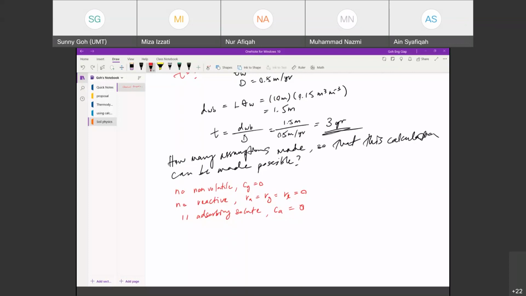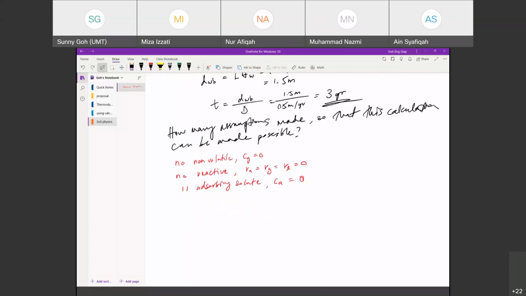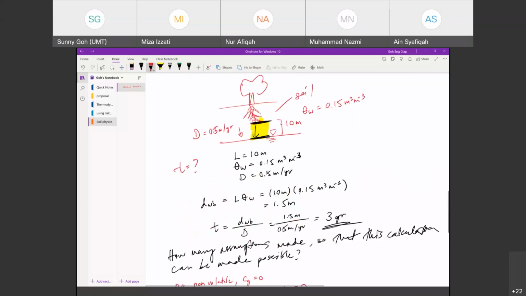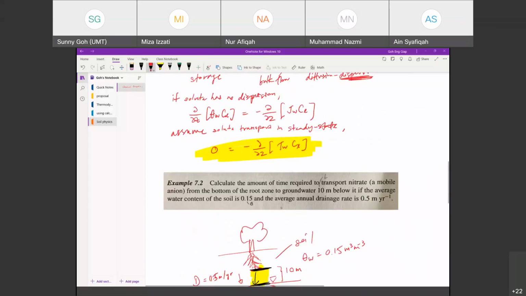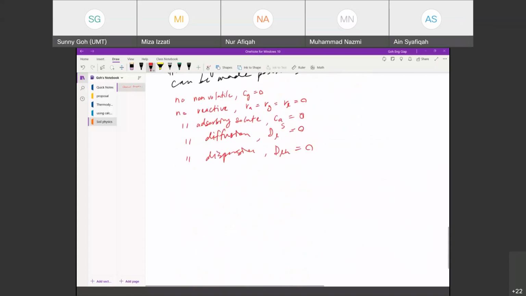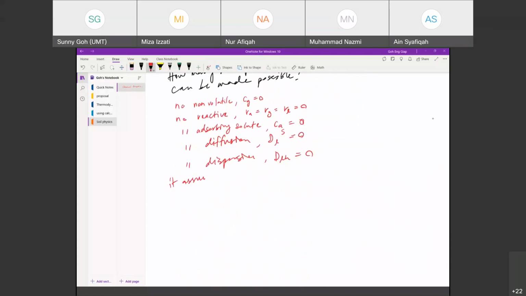What else? What are the assumptions? Do we use any diffusion or dispersion? No. So assume no diffusion, DLS is 0, and also no dispersion, DLH equals 0. If the calculation is so simple, there's no storage. So what does it mean? It assumes steady state, or no solute storage.